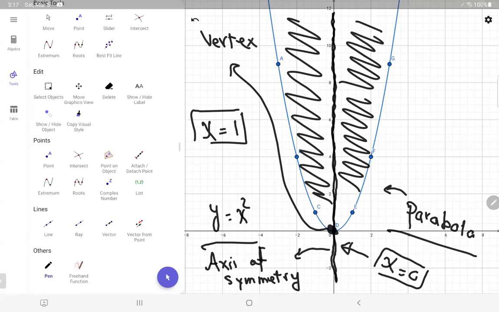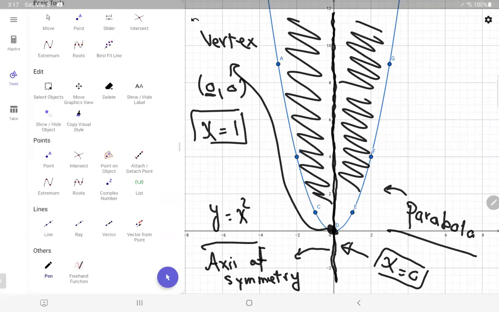In this example, this point is 0, 0, and the value of x is 0. Because the parabola opens up, this point is the lowest point in the parabola.